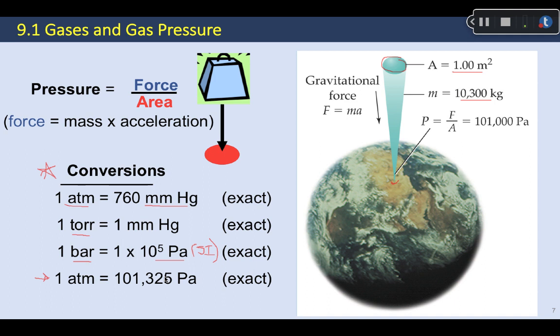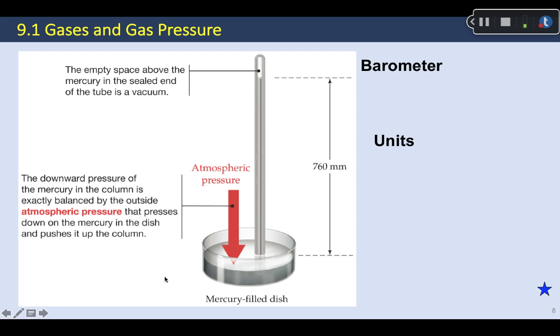All right, so what's next here? Okay, force is mass times acceleration, but we don't need to use that direct definition often. When we're measuring pressure of a gas, it's going to be related to atmospheric pressure.